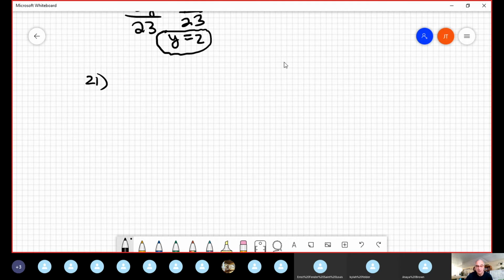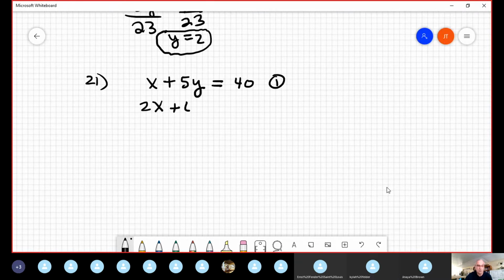Do you remember this from high school, or middle school, or no? Okay. This is 21. This is a system of equations, equation 1 and 2. I want to solve this.